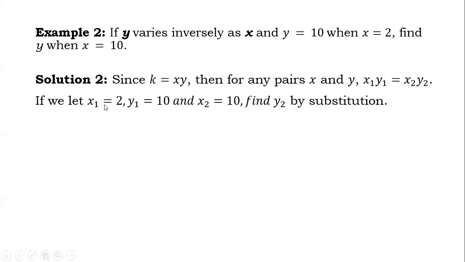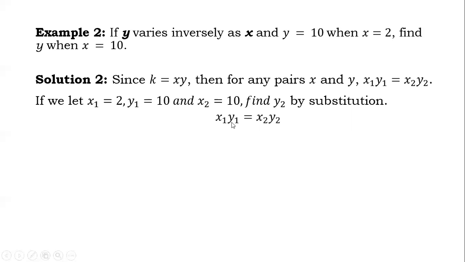So if we let these values, x sub 1 is the first value of x, y sub 1 is the value of the first y, and x sub 2 is equal to 10. This is the value of the second x, and let's find the value of y by substitution.